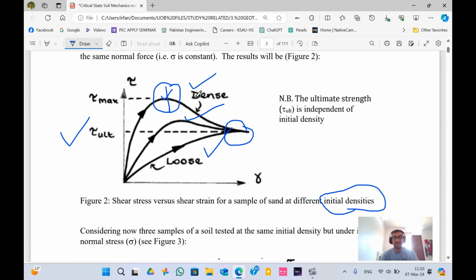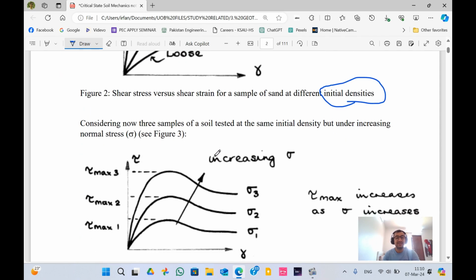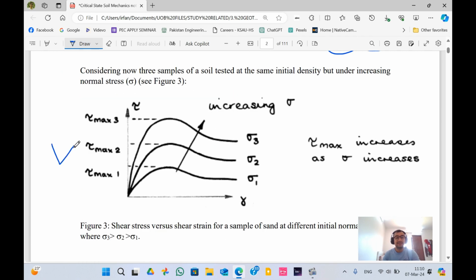The stress was the same, so therefore you can see different behaviors of the soil at the same normal stress. But if we talk about a sample of the soil which has been tested under increasing normal stress, keep in mind that the density is the same, all the soils have the same density, but the stress has been increased, obviously.